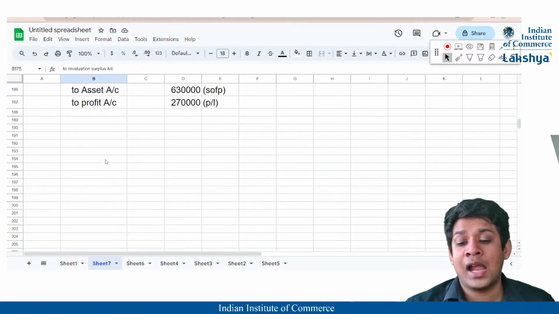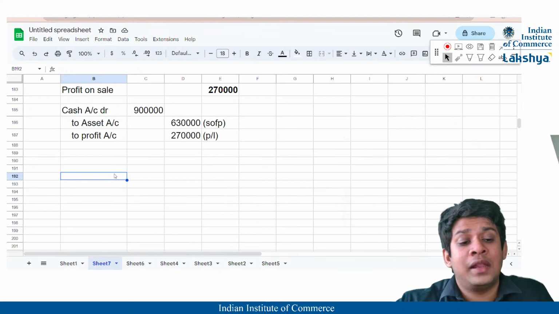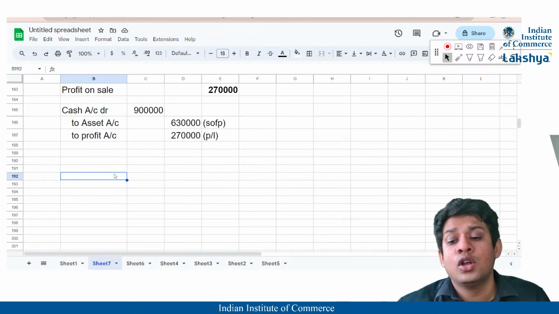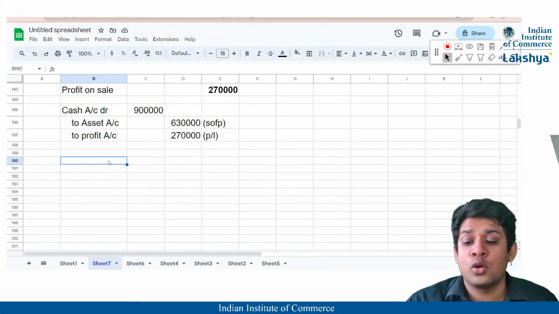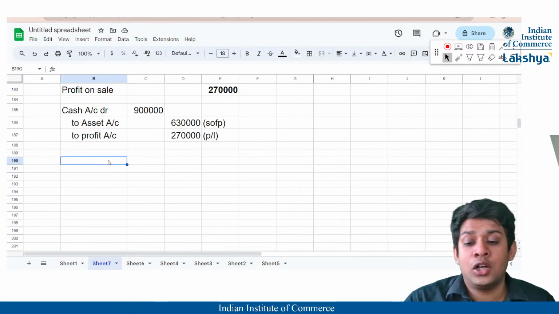So since it is irrelevant, I should remove this revaluation surplus. So I will also pass one more journal entry for the sale of an asset which has previously been revalued. So whatever was the revaluation surplus stored in other comprehensive income, that shall now be transferred to the retained earnings as well.